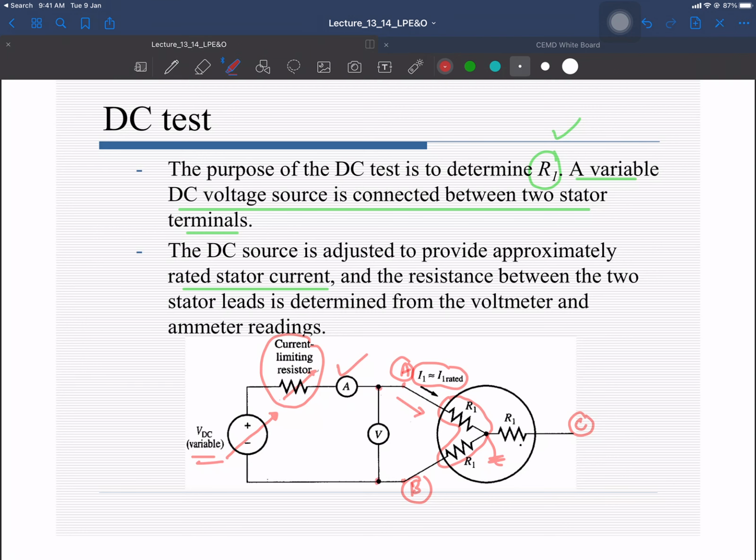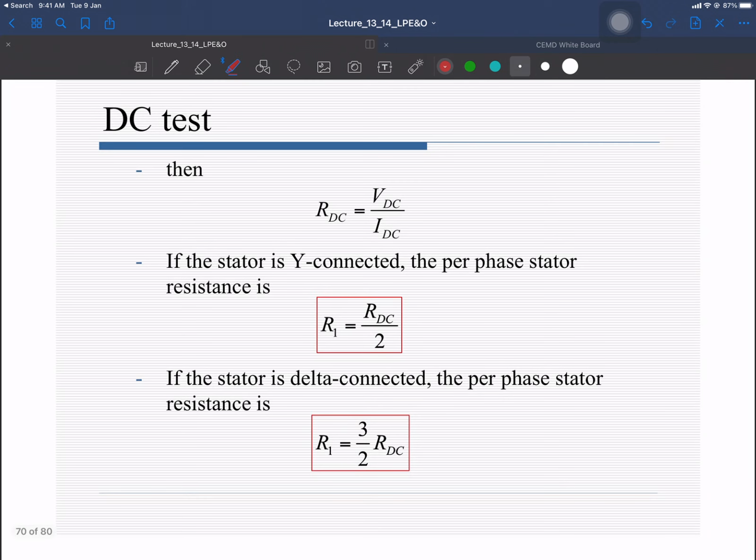Resistance is simply V by I, voltage divided by current, because it is a DC voltage that you apply, so you can simply use Ohm's law. So R_DC will be equal to V_DC over I_DC, where I_DC is the rated current of your stator winding that you have established.